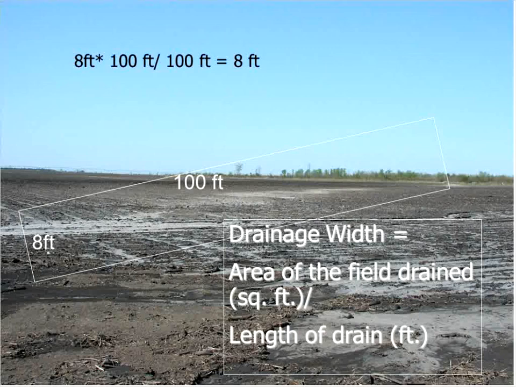Now, let me say that if you're dealing with this field, and right here's the tile drain, you would only calculate the amount of land that is drained by that tile line, which means that you would have to conduct your nutrient management plan separately on the parts of the field that were not drained.